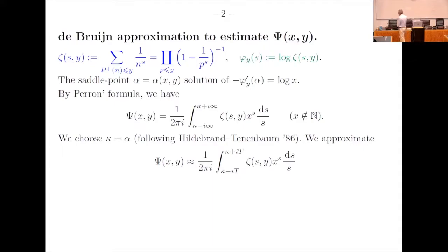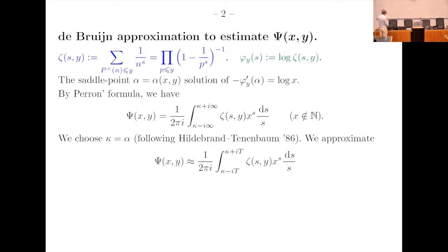In a large domain, it is easy to find a good approximation of alpha, and this is a good way to approximate such an integral. This method was developed by Hildebrand and Tenenbaum nearly 40 years ago.